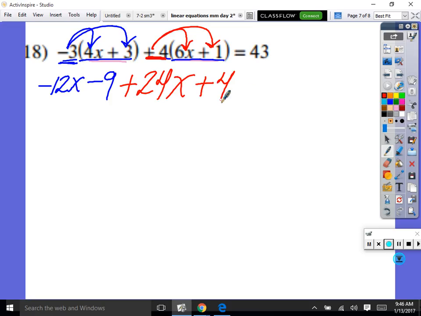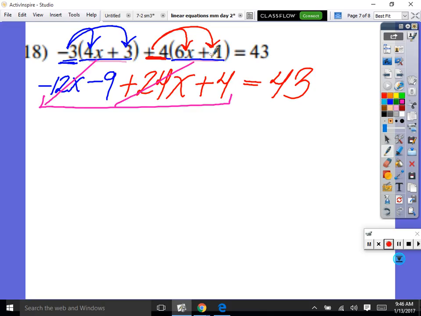And then we have is equal to 43. Now you're to your step of, we've got to combine all like terms on the same side of the equation. So you should not be using inverses. We're just combining like terms. Negative 12x plus 24x is how many x's? 12 x's, right? No, did I say negative 24? Yeah. My bad, completely, sorry.